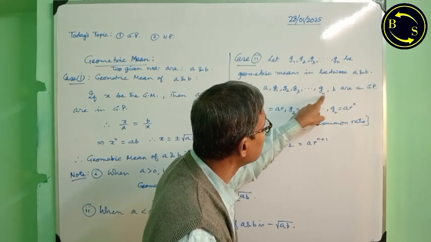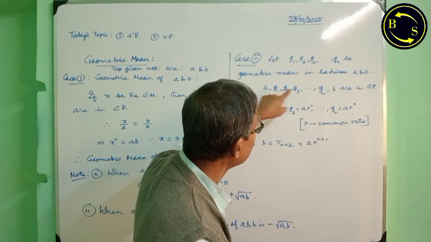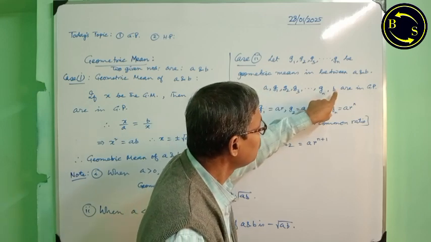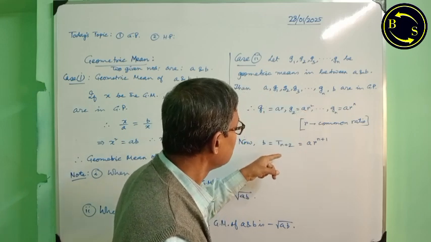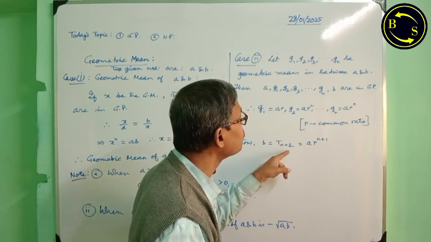N means are there, and A and B together, number of terms will be n plus 2.